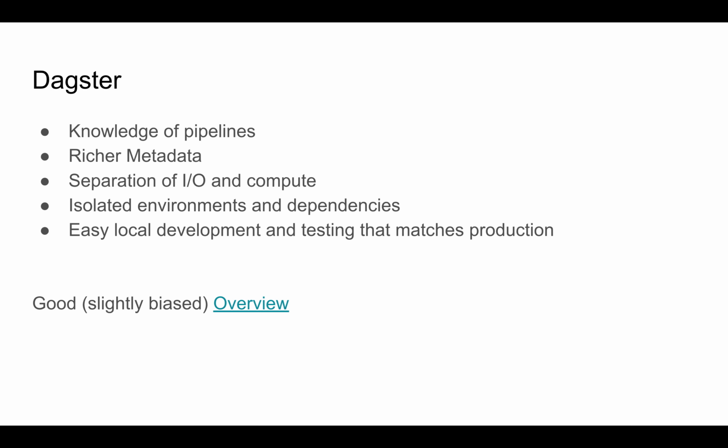You can set up environments that match production outside of production so you can spot errors early and catch things before they hit production. If you'd like a more detailed explanation of how Dagster is different from previous generations of orchestrators, there's a nice, slightly opinionated blog post on their site.